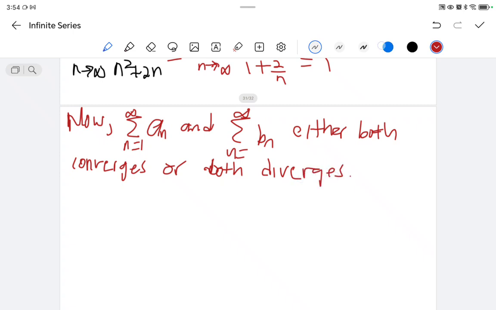Now the question we should ask ourselves is whether it is converging or diverging.